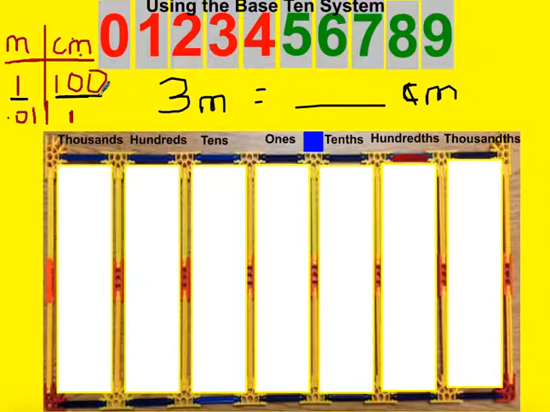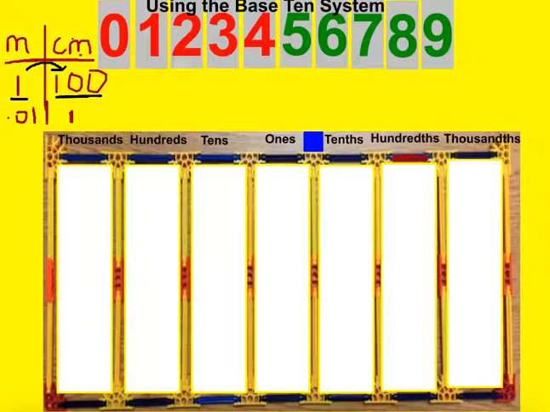So if I have 3 meters, notice when I'm going from meters to centimeters, my centimeters are always 100 times larger. So 3 meters would be like 300 centimeters.